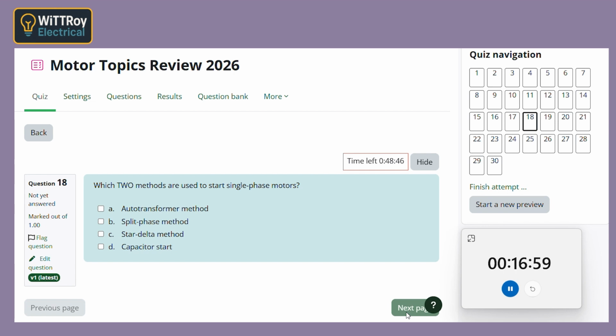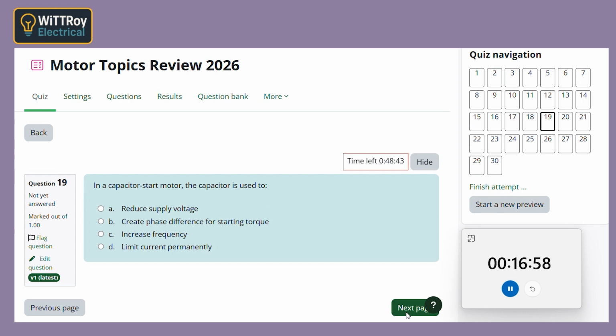Split-phase motors also use an auxiliary winding, but the phase shift comes from different winding characteristics, mainly resistance difference rather than a capacitor. So both are trying to solve the same starting problem. Yes, that's the key. Now, star delta is wrong because that is a three-phase starting method. Auto transformer is also not the normal answer here for basic single-phase motor starting.